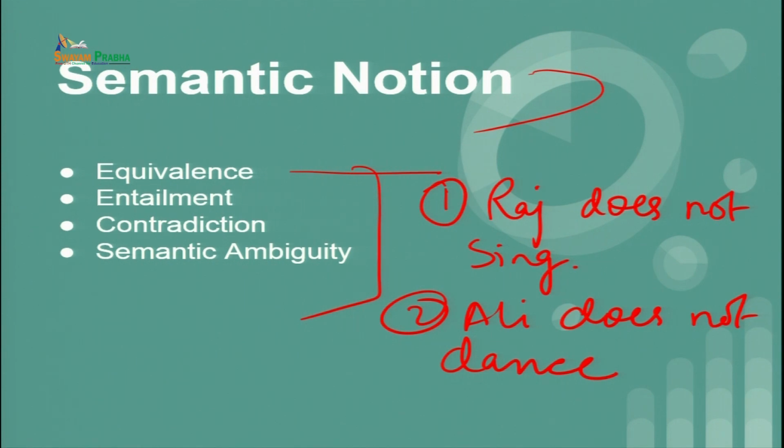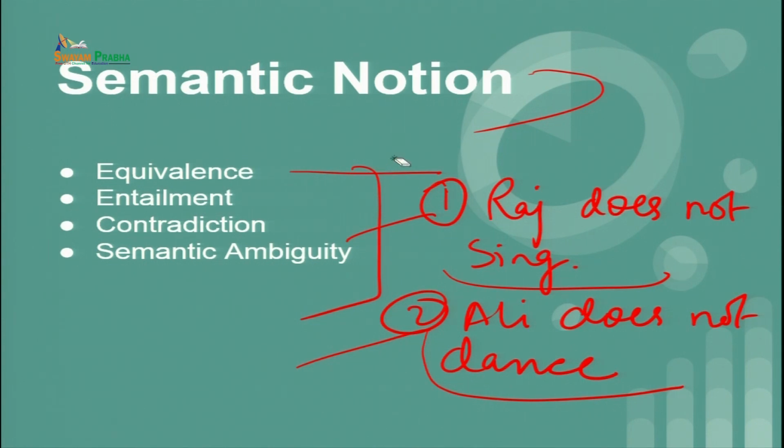Do you think that Raj does not sing, and that is the reason why Ali does not dance? I think not, because they are spoken as independent utterances. So, the idea of equivalence is that neither A nor B is equivalent to not A and B, right.